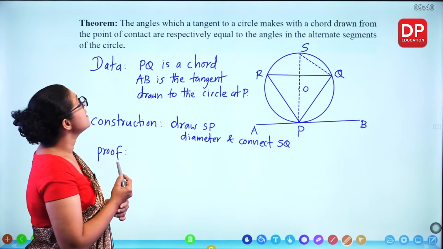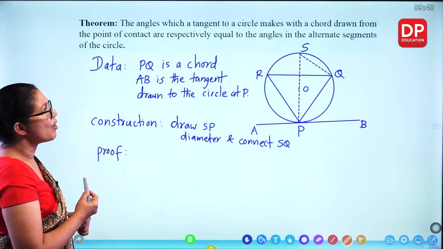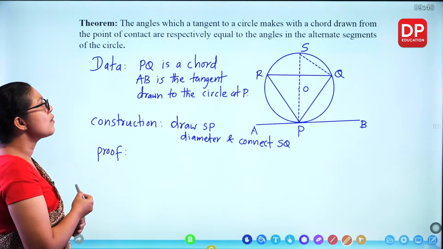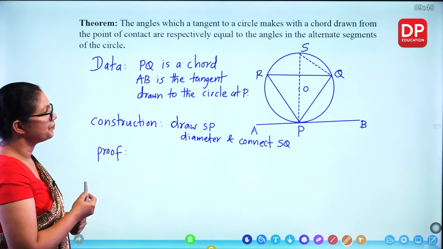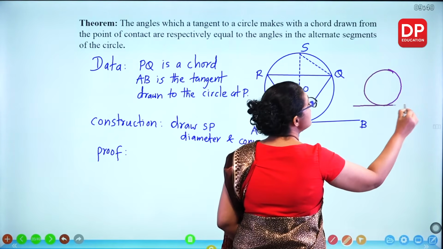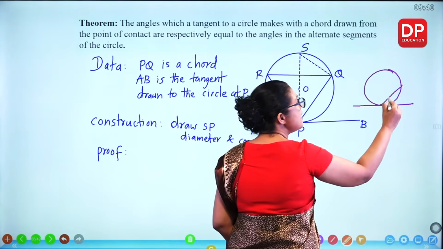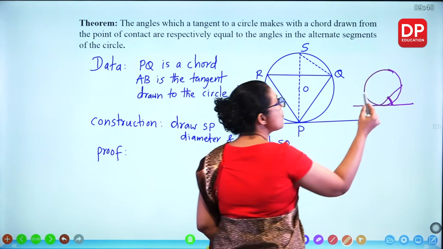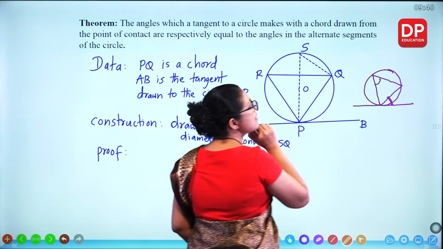The next theorem says the angle which a tangent to a circle makes with a chord drawn from the point of contact is equal to the angles in the alternate segment of the circle. Basically, if there's a tangent and a chord at the same point of contact, the angle between the chord and the tangent is equal to any angle in the alternate segment.